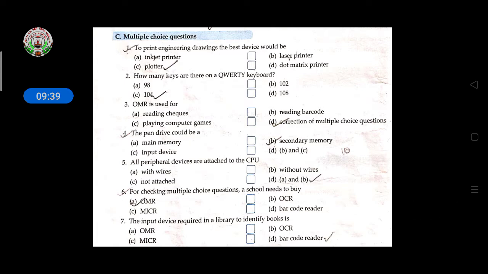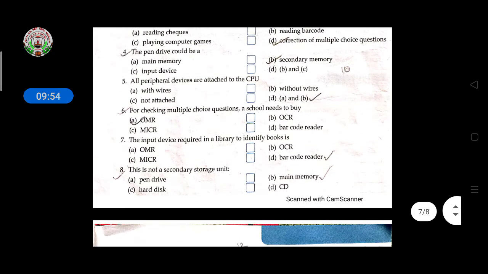Then come to the multiple choice questions. To print engineering drawings, the best device would be a plotter. How many keys are there in a QWERTY keyboard? 104. OMR is used for correction of multiple choice questions. A pen drive could be a secondary memory. All peripheral devices are attached to the CPU with wire and without wire.